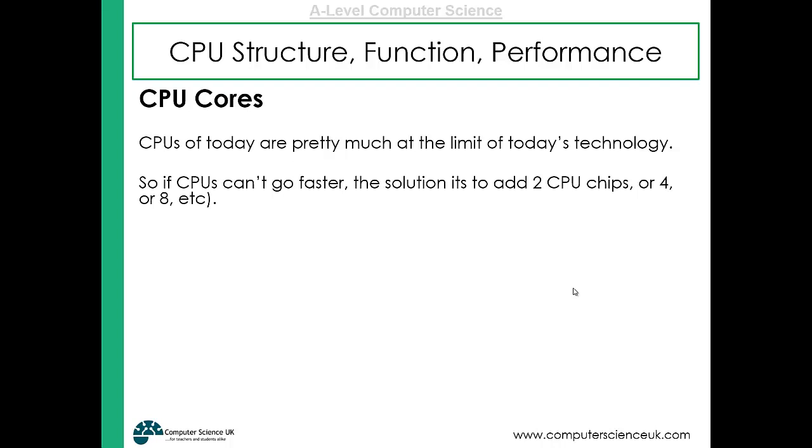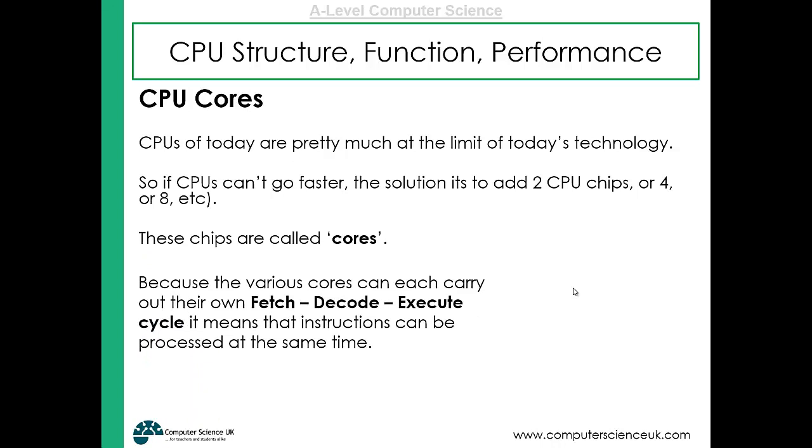Okay, not all programs are designed to allow for this, but certainly it can produce some good benefits. So these chips are called cores, and because the various cores can each carry out their own fetch, decode, execute cycle, it means that instructions can be processed at the same time.